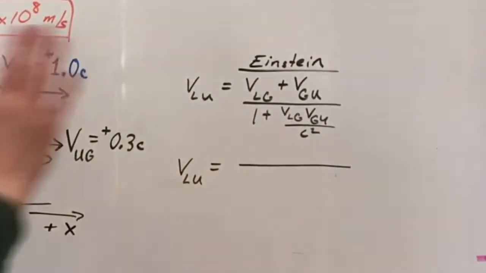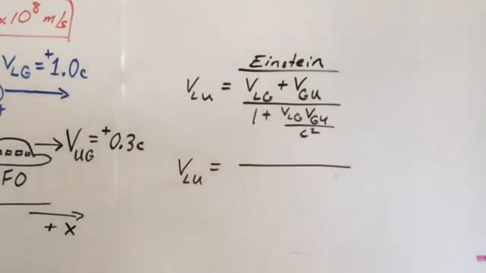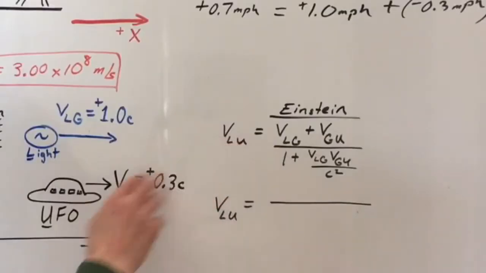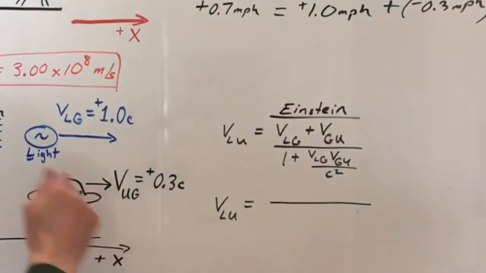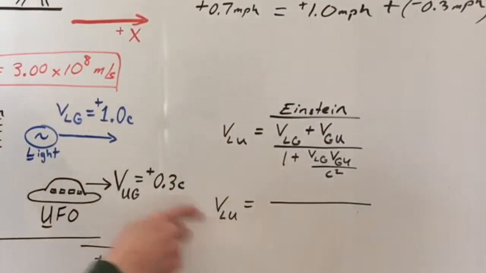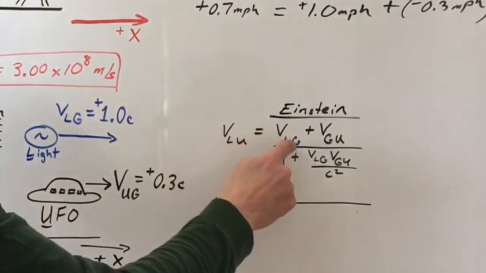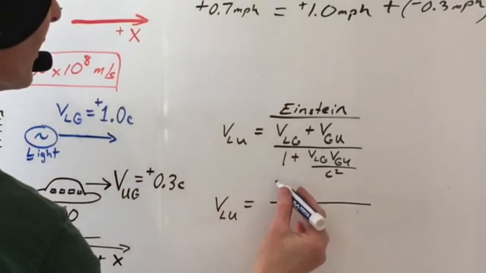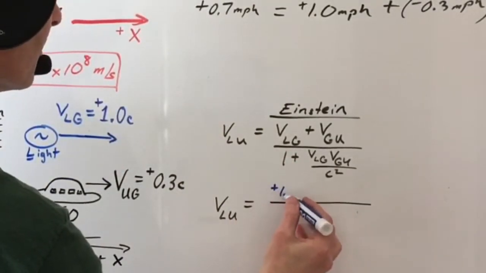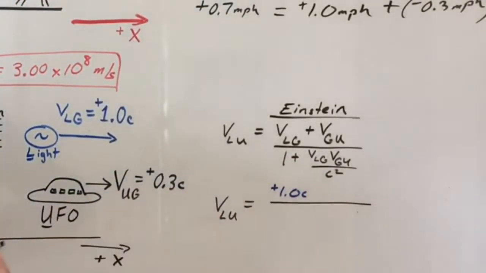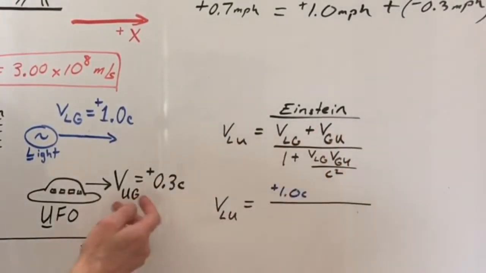All right, so let's see how this works out. Let's see if this resolves our contradiction. So if I want to use this formula, the Einstein formula, to get the velocity of the light relative to the UFO, I can plug in. So I've got the velocity of the light relative to the ground. That's plus 1.0 c. I've got the velocity of the ground relative to the UFO. Well, that's going to be the negative of the velocity of the UFO relative to the ground. We're flipping subscripts.